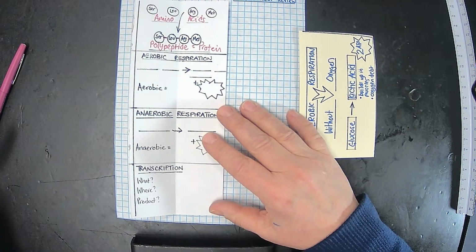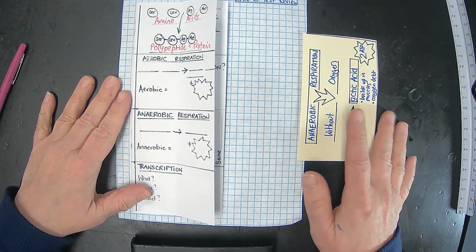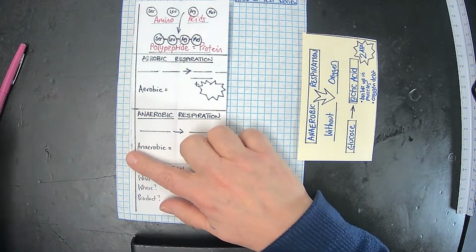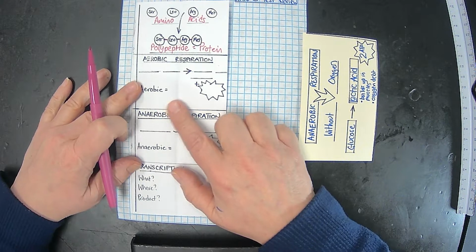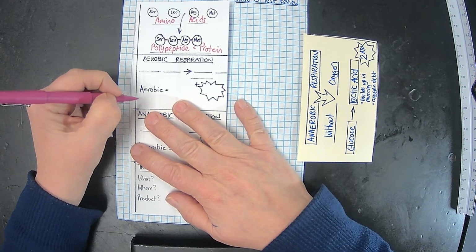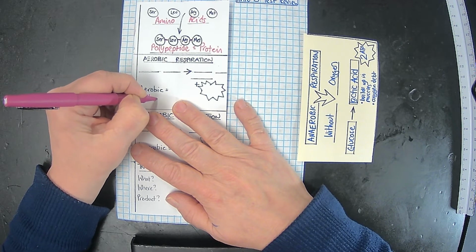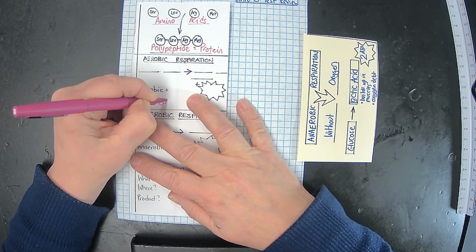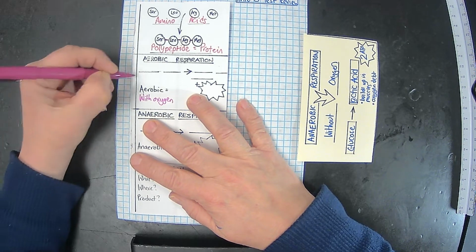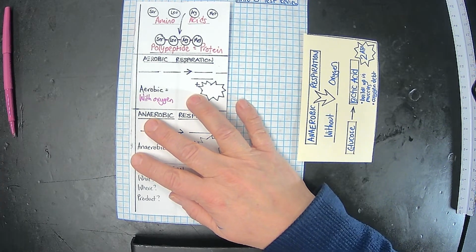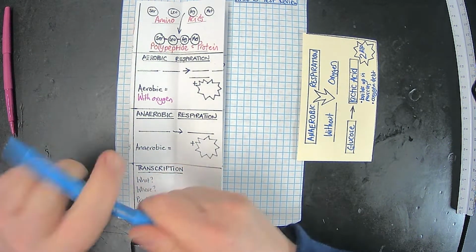Okay, moving down here, this is something we already covered in this little card, but just a quick refresh. Aerobic respiration, we know that aerobic means with oxygen. Okay, so what are the reactants for aerobic respiration?